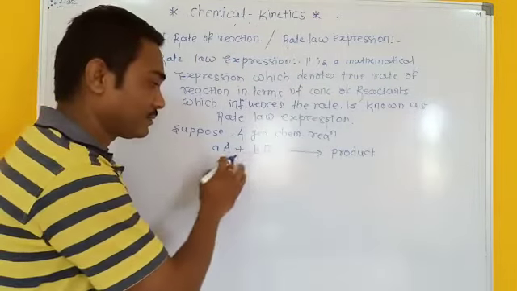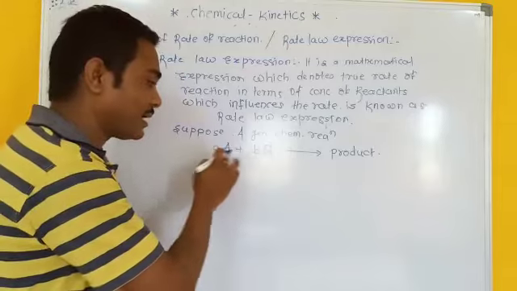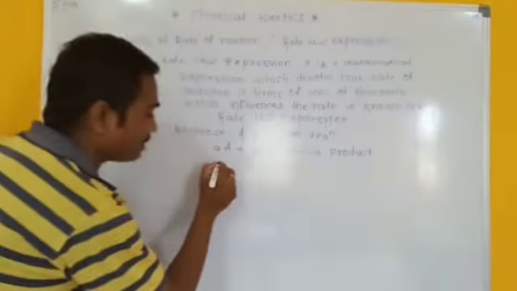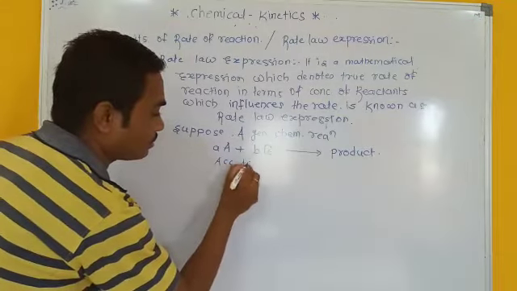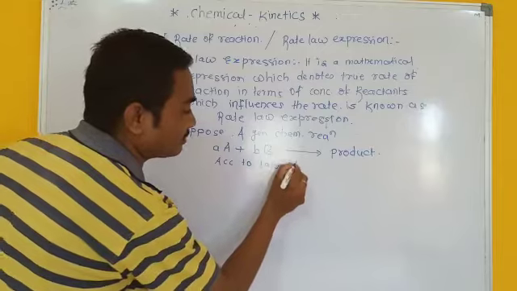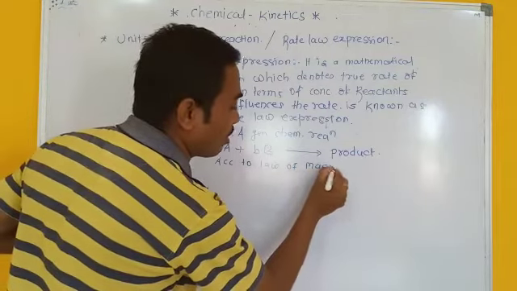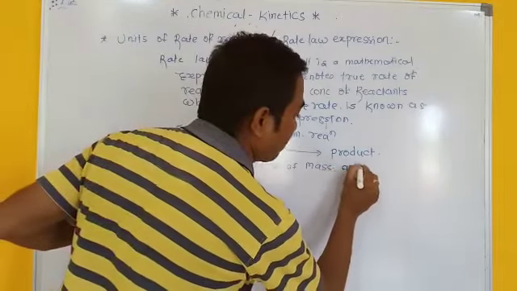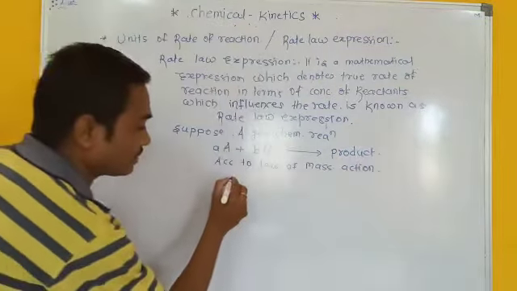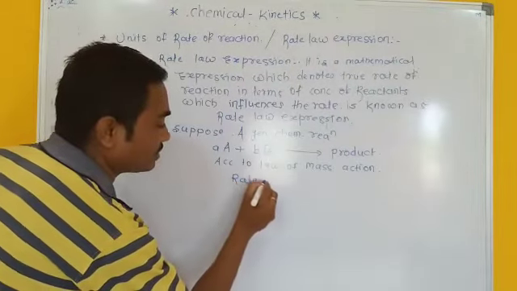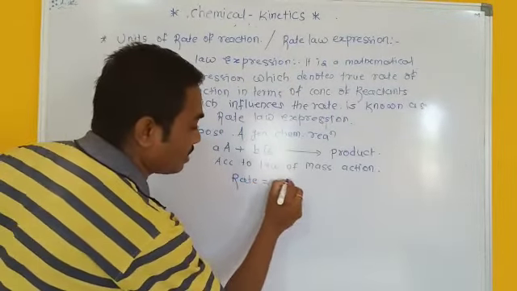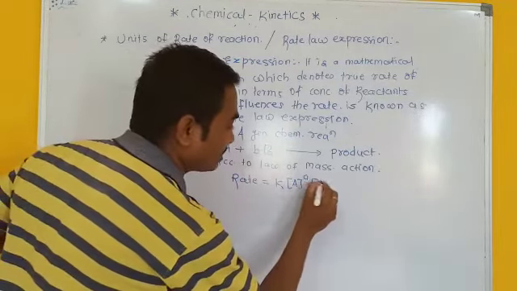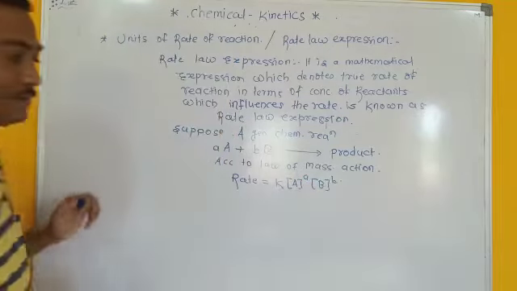Here A and B are the reactants, and small a and small b are the coefficients of the reactants.